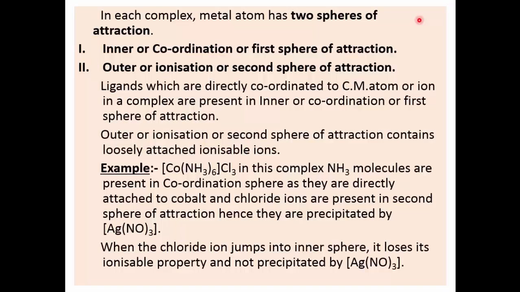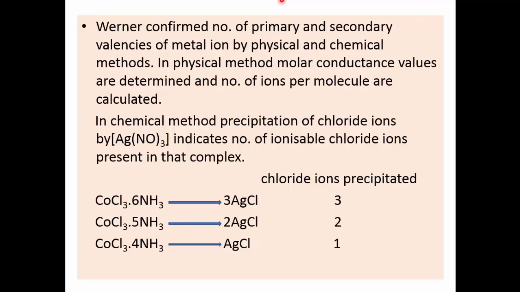Each complex shows two types of spheres. Werner confirmed the number of primary and secondary valencies of the metal ion by two methods. First method is the physical method and second one is the chemical method.